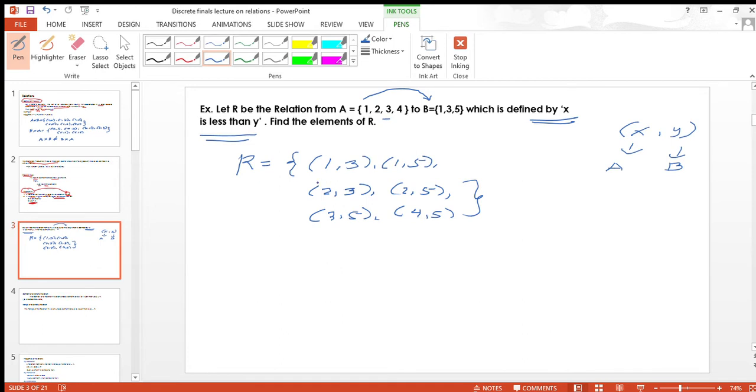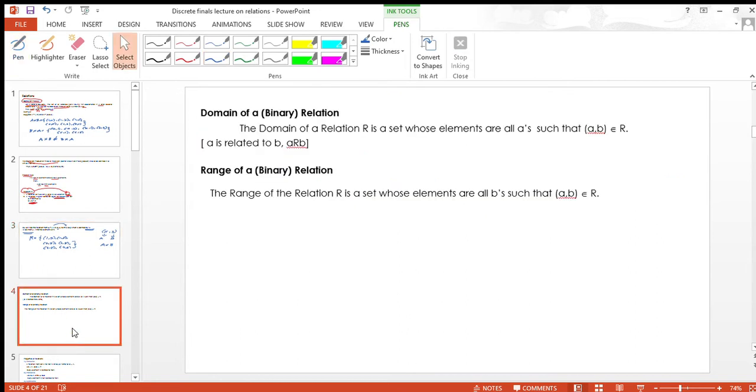These are ordered pairs that are a subset of the Cartesian product A cross B, but the open sentence that we are considering is that the first element of our ordered pair is less than the second element of our ordered pair. Now, we look at the definition of the domain and the range.